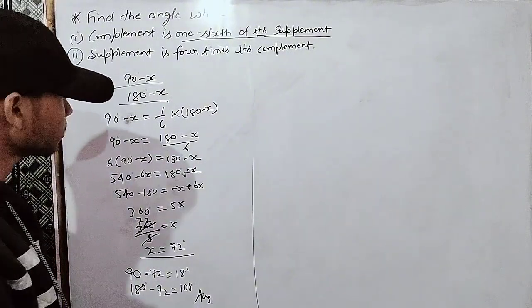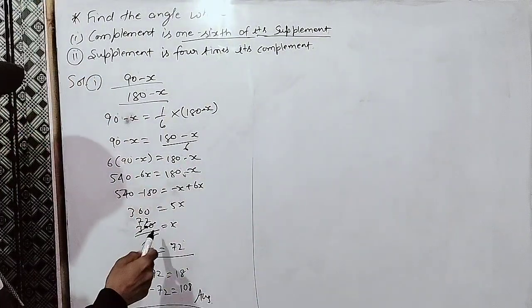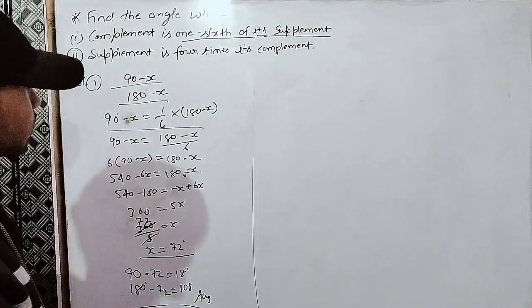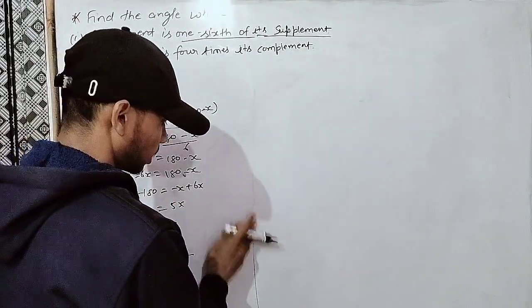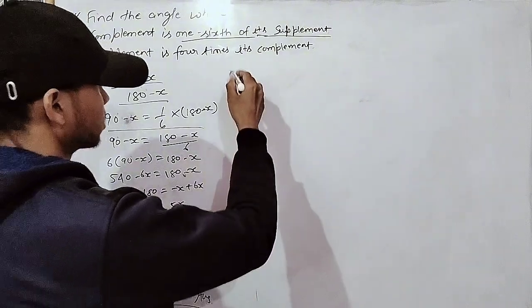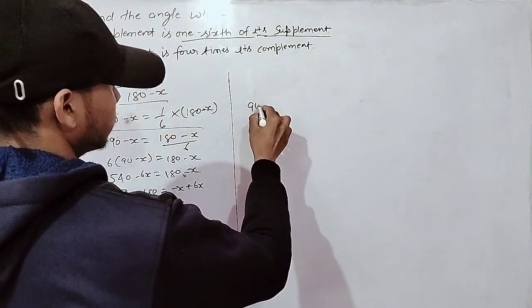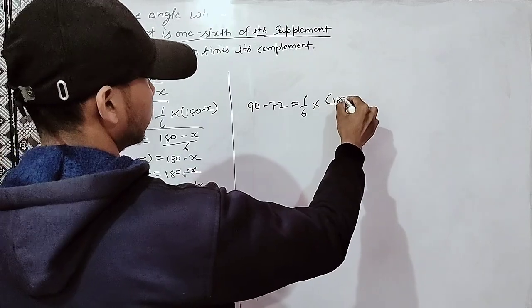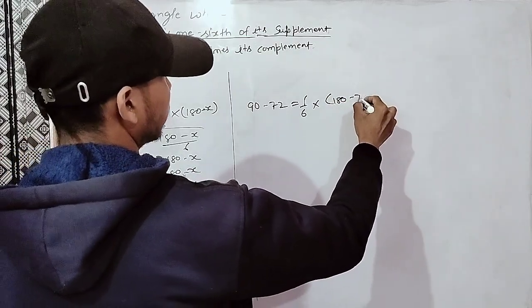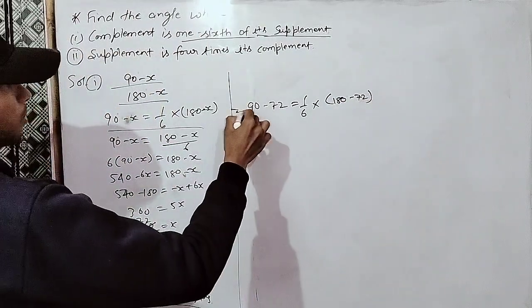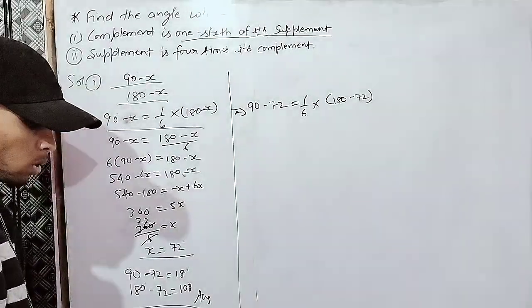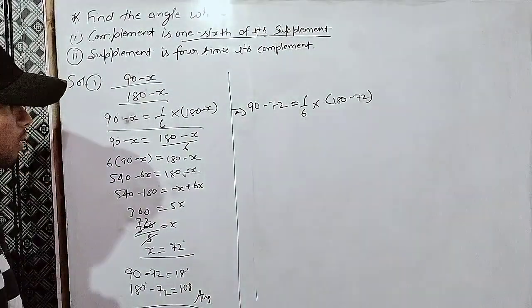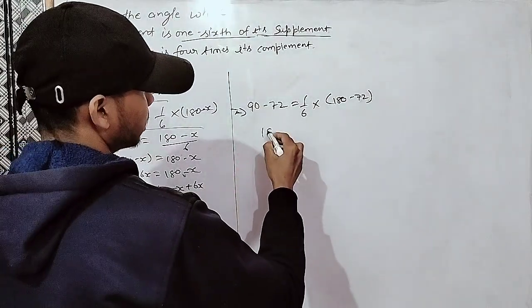Okay. Whether our answer is correct or not, we can also check it. How? 90 minus 72 and then 1/6 multiplied by 180. Here we are going to check whether our answer is correct or not. 90 minus 72 is 18.